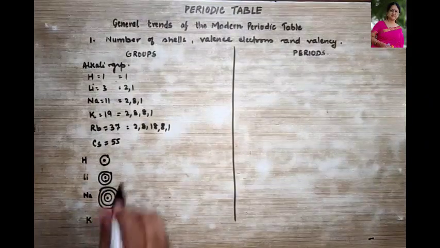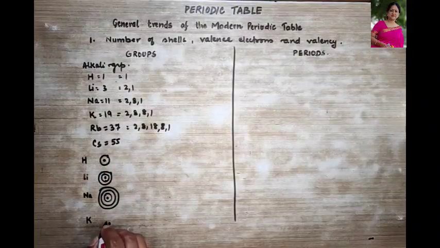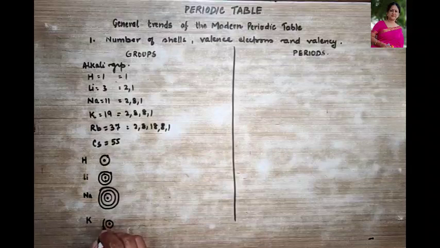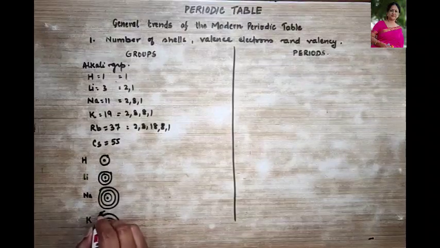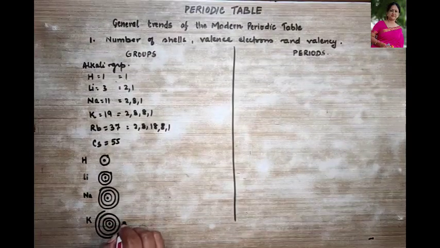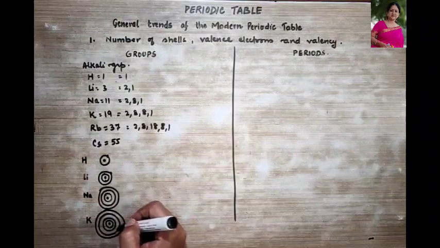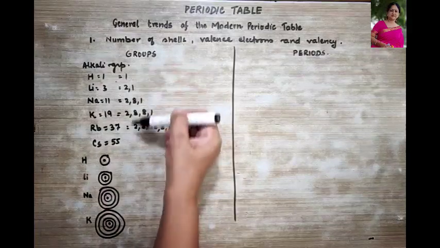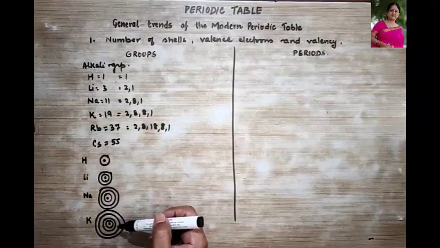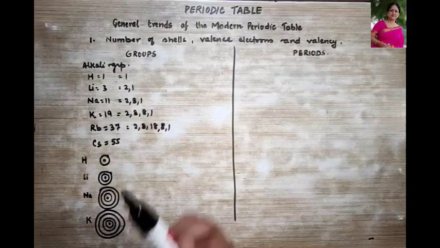Then potassium: 2 electrons here, 8 electrons here, then 8 electrons here and 1 electron here. So what are you seeing? 1, 2, 3, 4, the same thing that I showed you earlier. As we go down, the number of shells increases by 1.